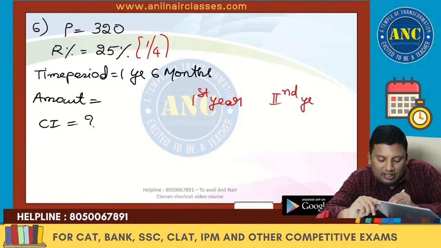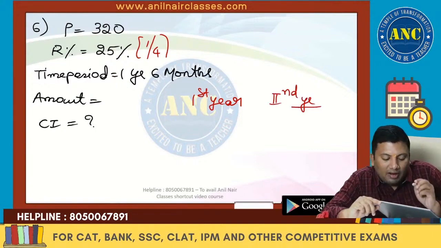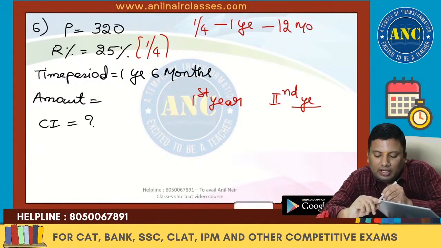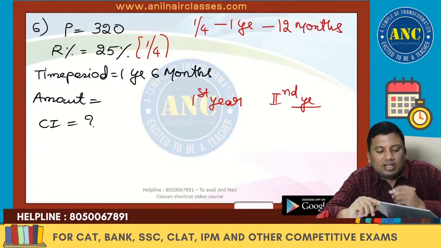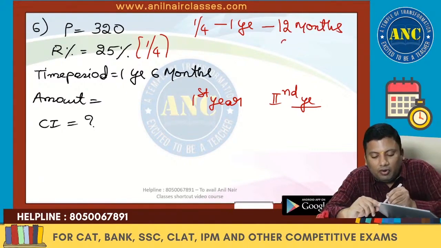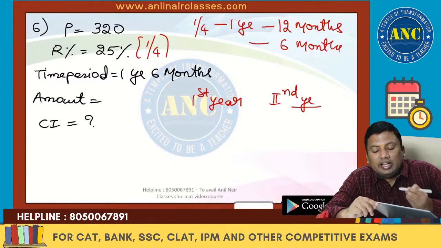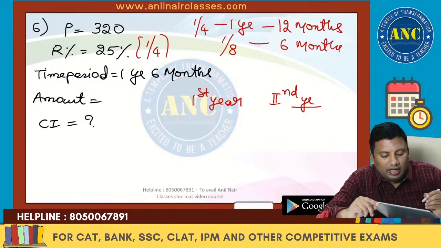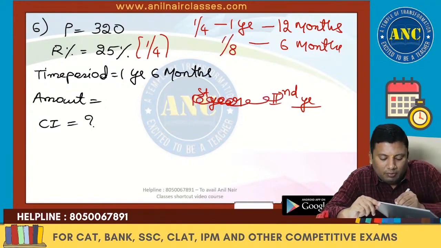Rate of interest for 1 year is 1 by 4. 1 year is nothing but 12 months, but I want for 6 months. So it is half of 1 by 4, which is nothing but 1 by 8.